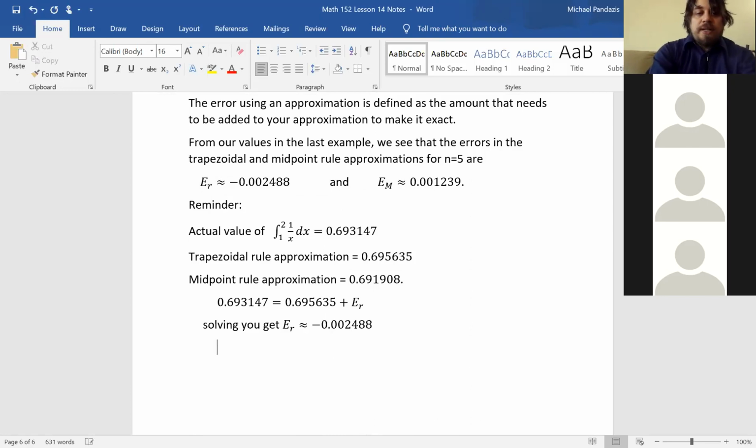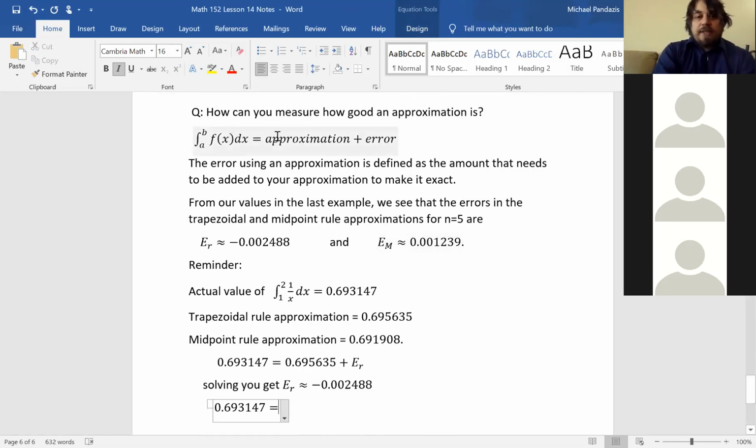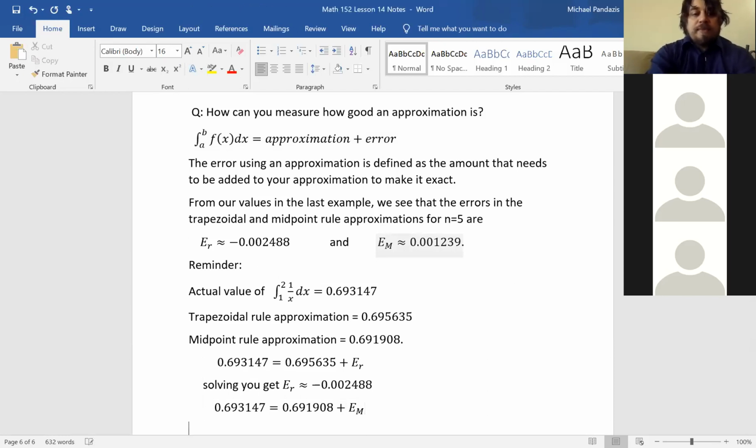Now also, if you have the actual value again, that's equal to the approximation, which in this case is the midpoint rule approximation, plus the error in your approximation for the midpoint rule, which is E sub m.